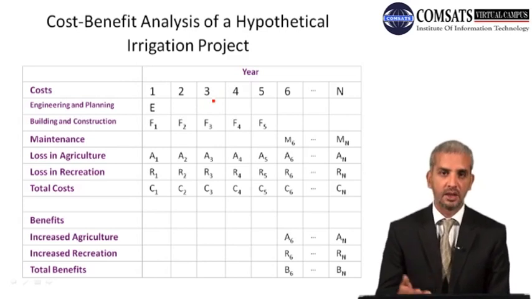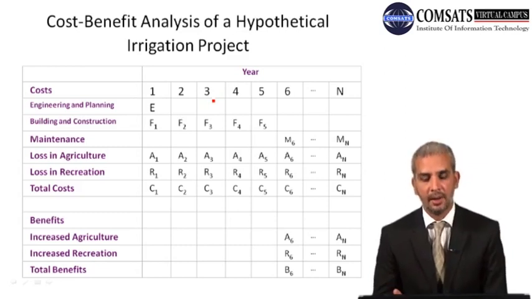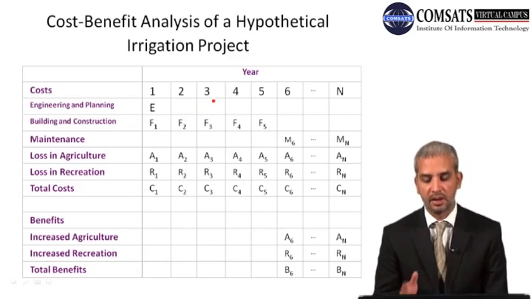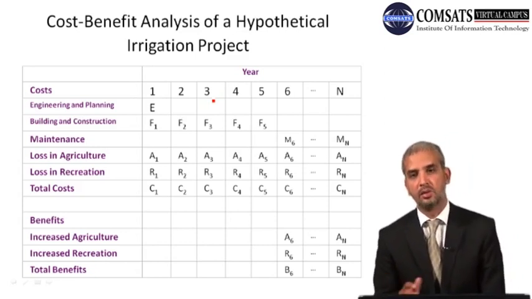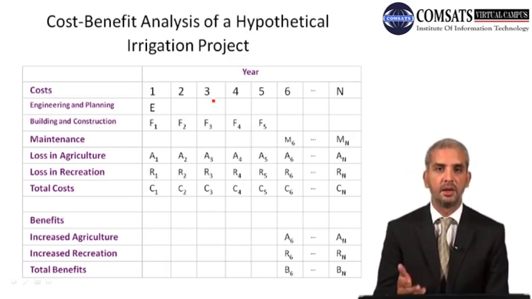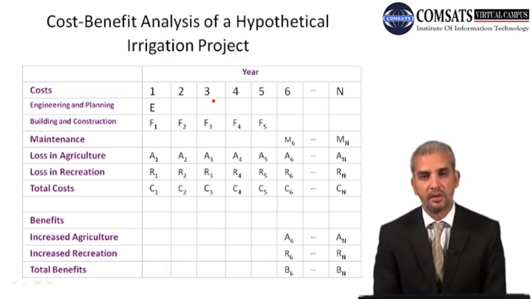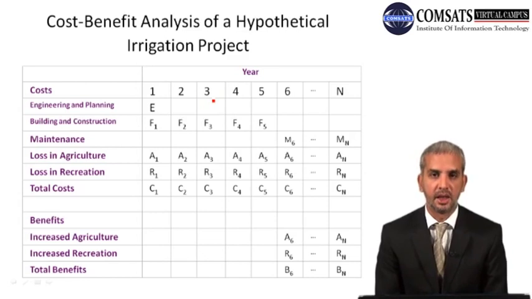So even if the irrigation facility starts, the returns are not going to come immediately, but if we assume that from the 6th year the facility is available, there is increased agriculture output. That would start from A6 over here, increase in agriculture output, and it goes up to AN. Then once the lake is built and used for recreation, that would also start from year 6, once the project is complete and up and running.